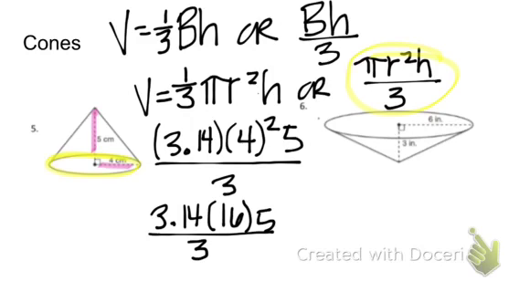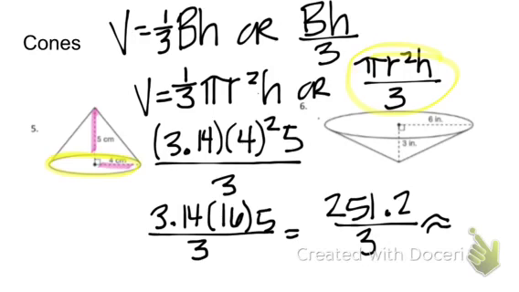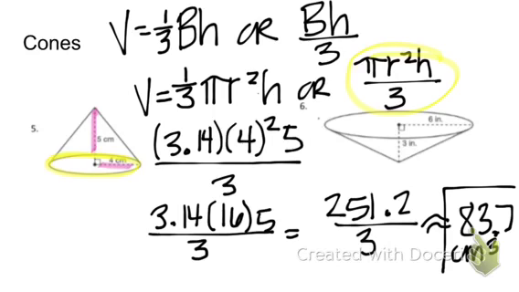And then when you multiply out your 3.14 times 16 times 5, you get 251.2, and then you're going to divide that by 3 as well. And when you divide that by 3, you get about, we'll round to the nearest tenth, 83.7 centimeters cubed.